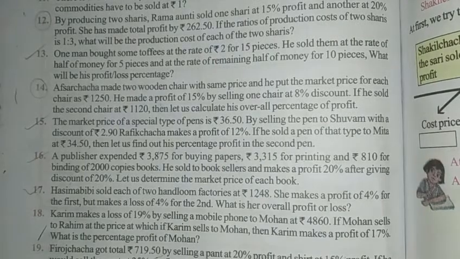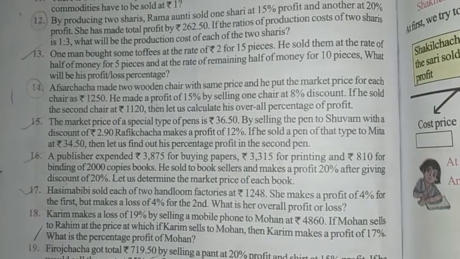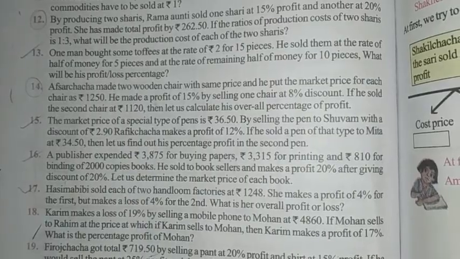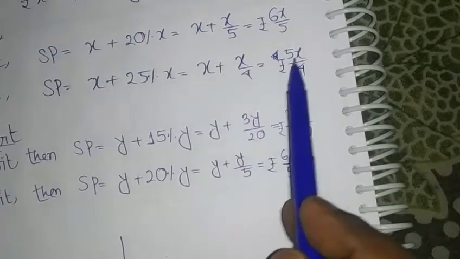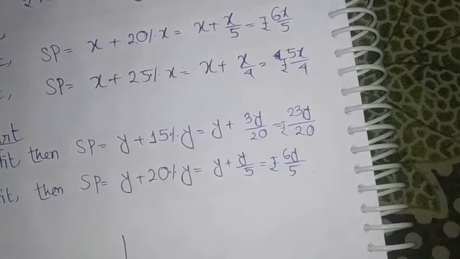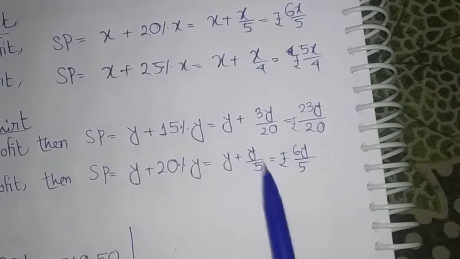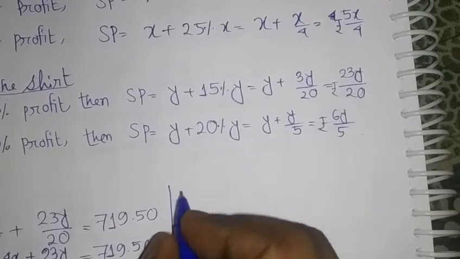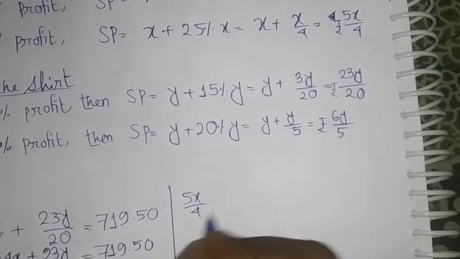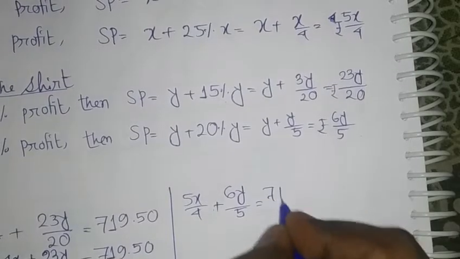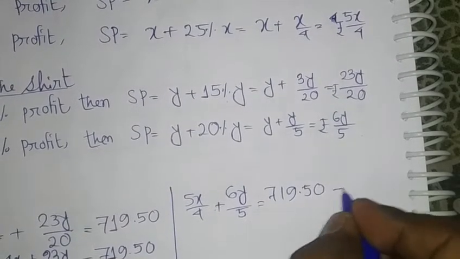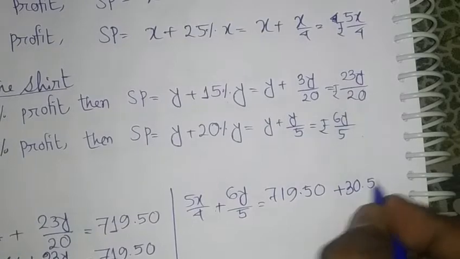Now in the second case, he would get rupees 30.50 more, that is this plus this. Look, in the second case, the selling price of the pant was 5X by 4 and the selling price of the shirt was 6Y by 5. If we add both of them, 5X by 4 plus 6Y by 5 becomes 719.50 plus 30.50.